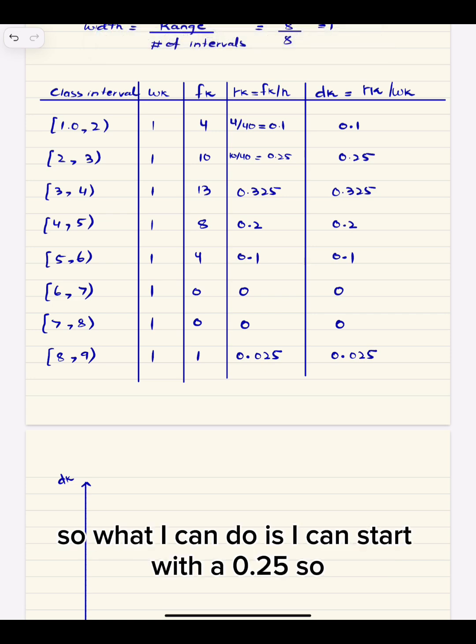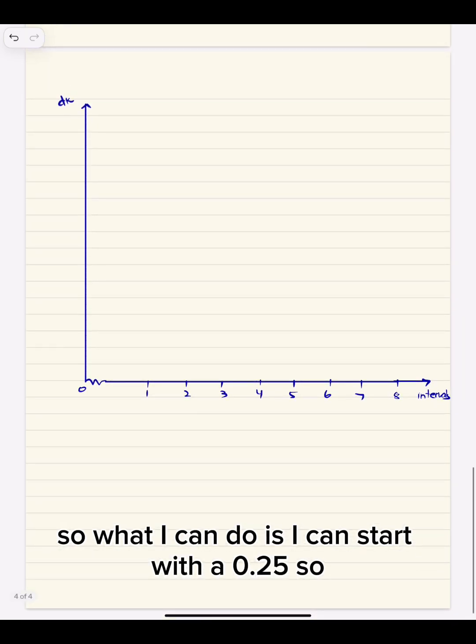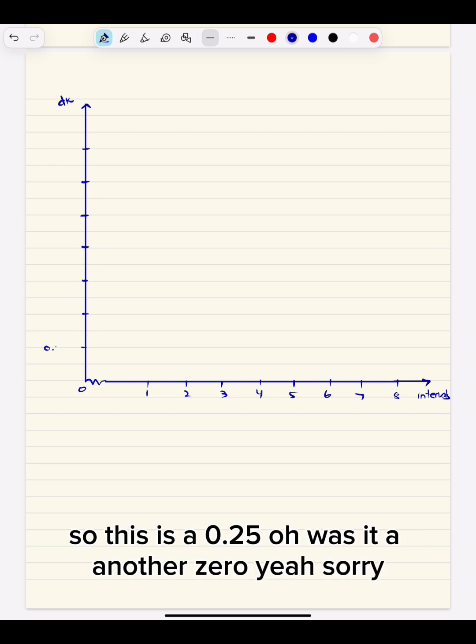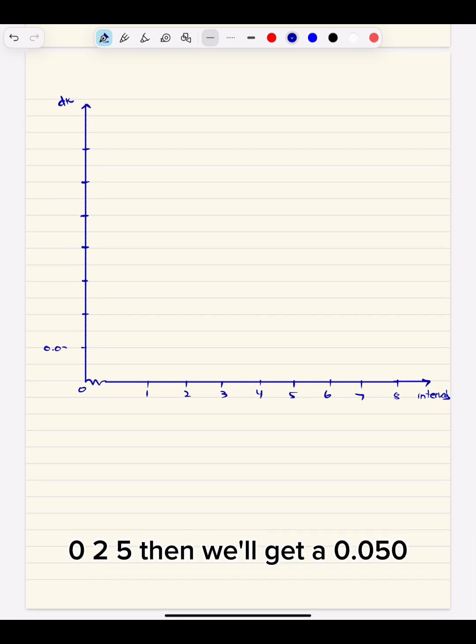So what I can do is start with a 0.25. So we can do it like this. Just keep a gap. So this is a 0.25. Oh, was it another 0? Yeah, sorry. 0.25.